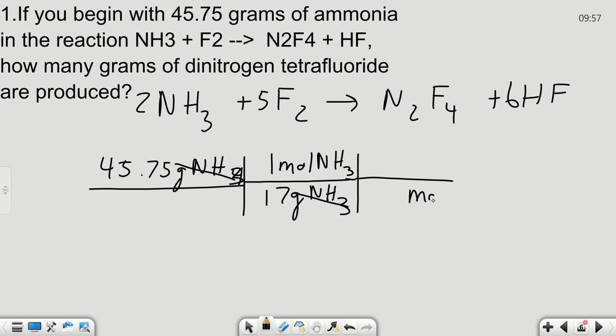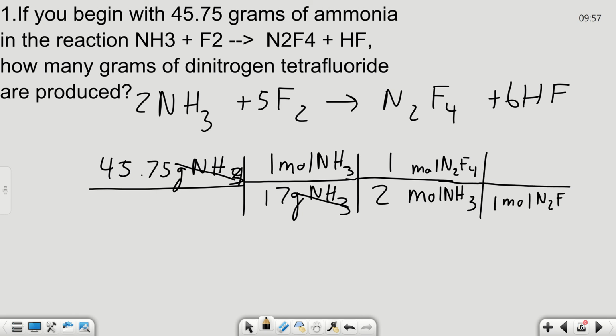I'm going to change from moles of NH3 to moles of, what do I want? Dinitrogen tetrafluoride. There's 1 coefficient in front of N2F4 and 2 in front of NH3, and then 1 mole N2F4, and the mass of that is 104 grams in the end, something close to that.